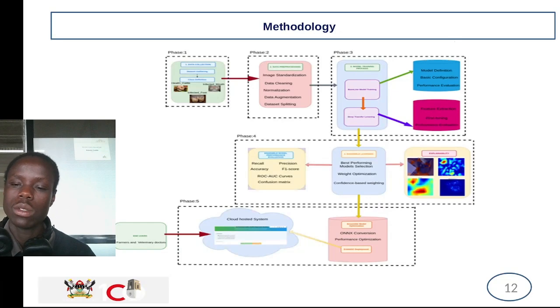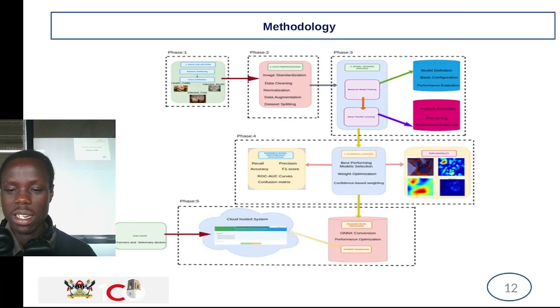Then in the second phase, we did the fine tuning by unfreezing all those frozen layers and enabling all layers of the models to train and acquire weights and understand our dataset.